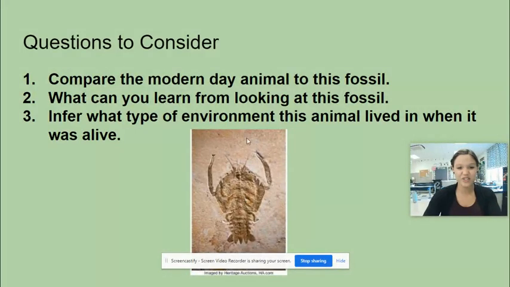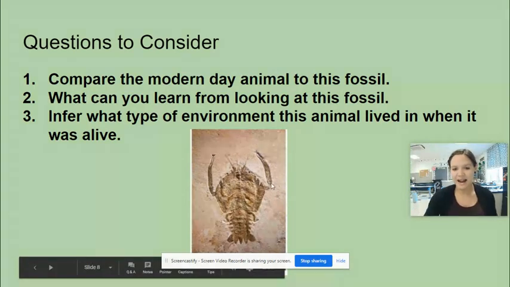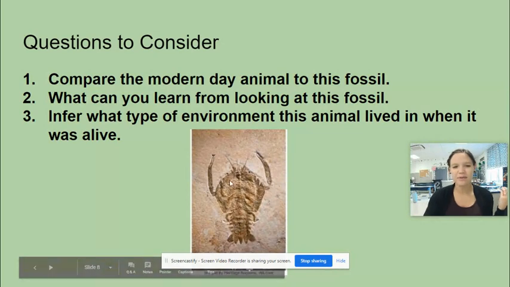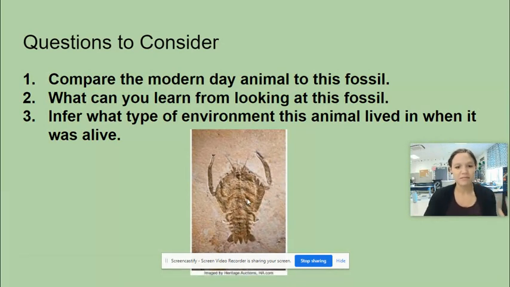I can learn that this creature probably had little claws that could help it grab things, maybe grab food. I can see that it probably has an outer shell to protect itself, just like crabs or lobsters we know of today. So I can look at this fossil and figure out some attributes that it had, even though it lived millions of years ago.